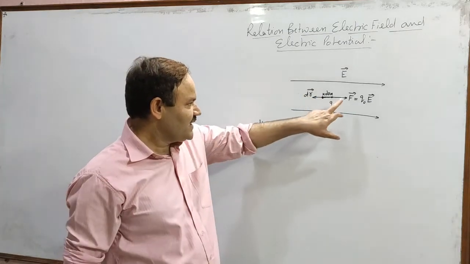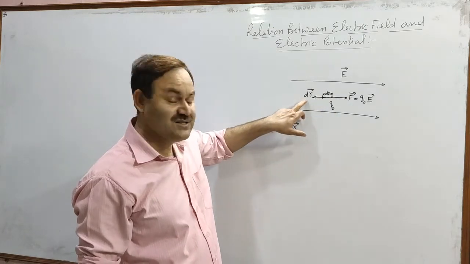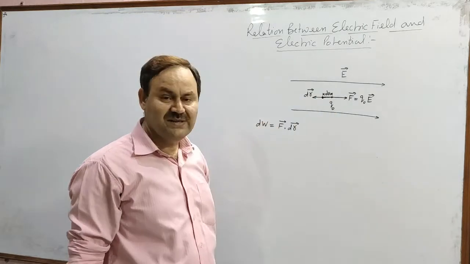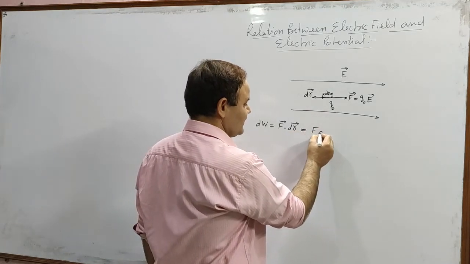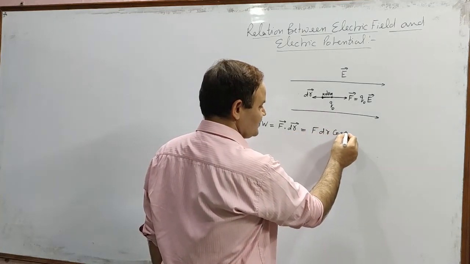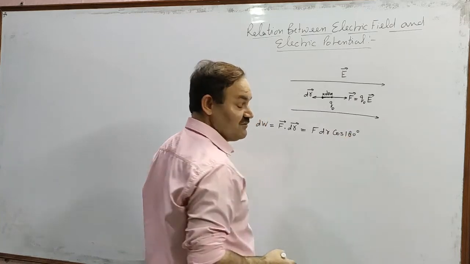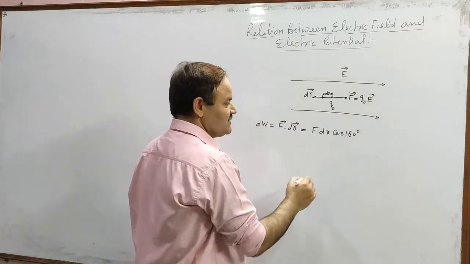It shows angle between direction of force and direction of displacement vector is 180 degree. Hence, work done dW will be F dr cos 180 degree. We know cos 180 degree is -1.